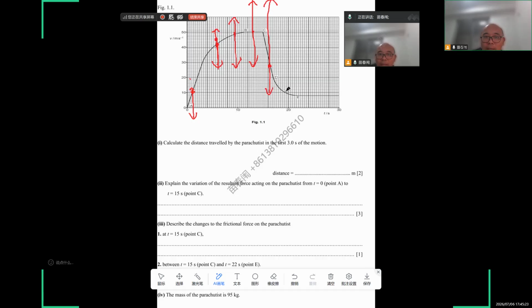And in here, your drag is also going to decrease a little bit, right? Because your velocity is decreasing all the way in here. So your drag is also going to decrease in here. And it's still higher than the mg, but eventually in here, it balances again, right?